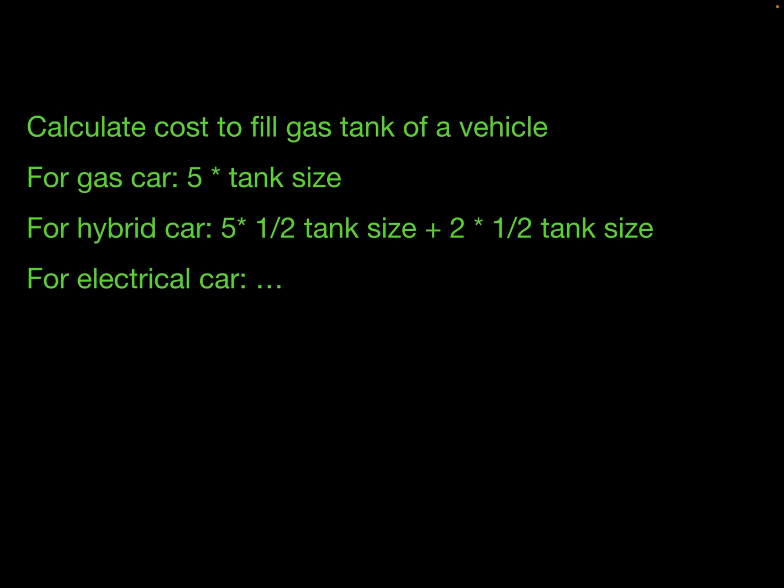For a hybrid car, maybe there's a different price: for the first half tank size, you will pay $5 per gallon, and afterwards, you will only pay $2 for the other half tank size. Then for an electric car, it may be different as well.